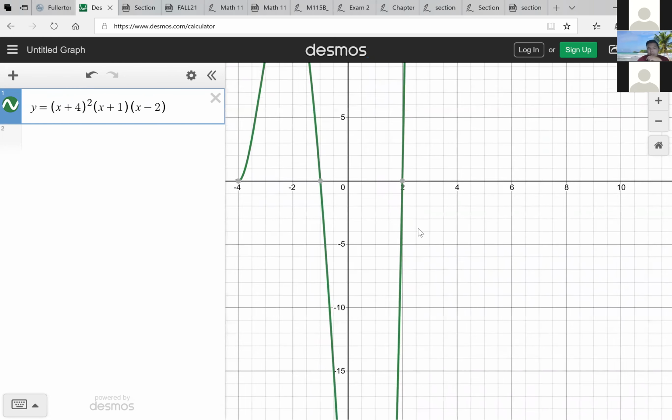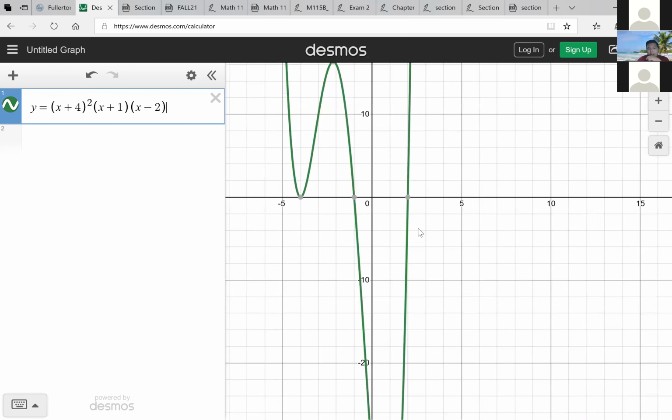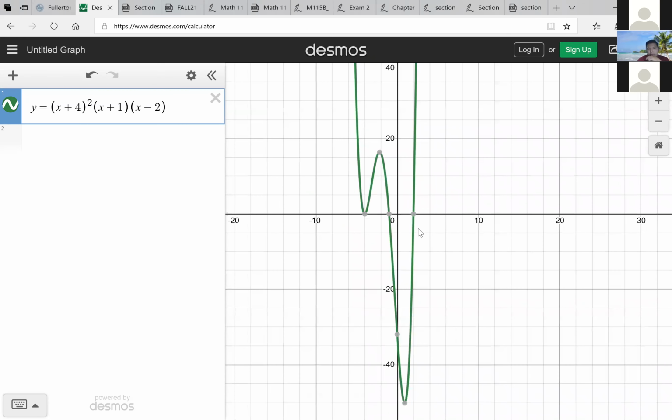Right, so that's the one I just plotted, and you can see here we are very close, right? So it's an estimation here. The exact one will go all the way to 16, and you can see it crosses 32, and it went all the way to -50. But again, you can see in our curve, we didn't go all the way there because we don't focus on those turning points that much. We just focus on the x-intercepts, y-intercept, and the end behavior, right?